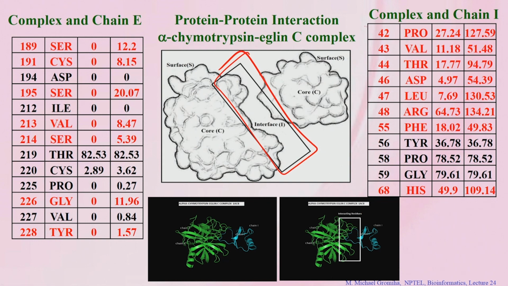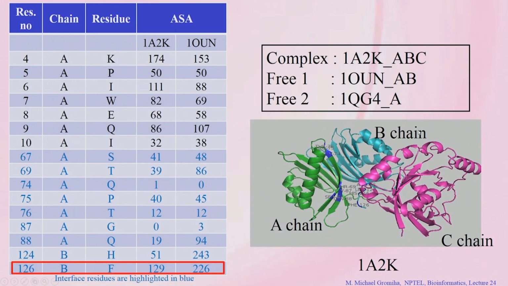Also if you see in this chain, there is a continuous stretch 42 to 48, all these residues change the accessible surface area very drastically, from 127 to 27, 54 to 4 and so on. So, these residues we identify as binding sites. You can also do this in the case of protein complexes. This is another example, the same as I explained earlier.